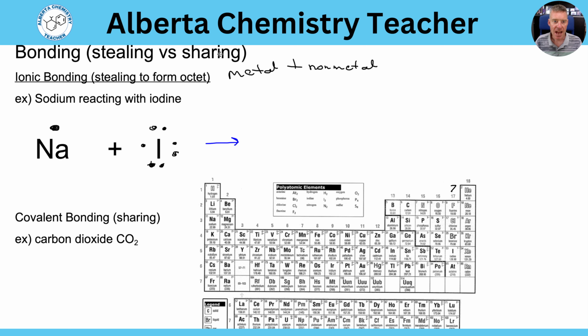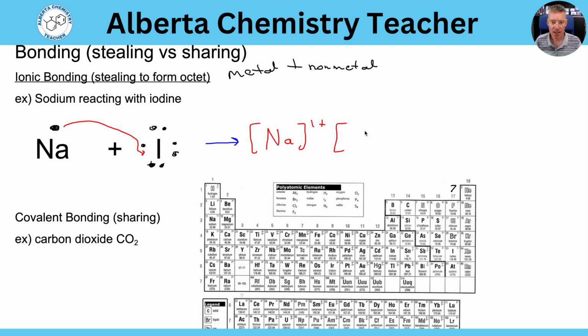So what's going to happen is this missing electron in the iodine can be taken from the sodium. So this is going to lead to an ionic compound between a metal and a non-metal. Then we're going to get sodium with no dots left. So this is going to be 1 plus.